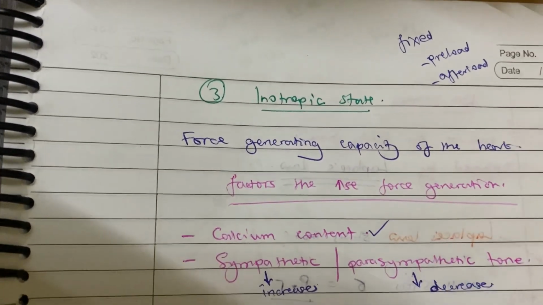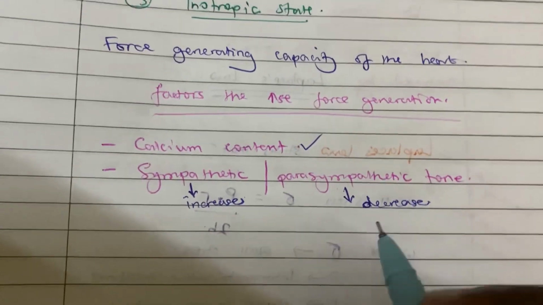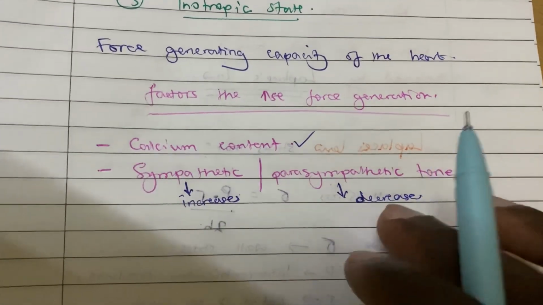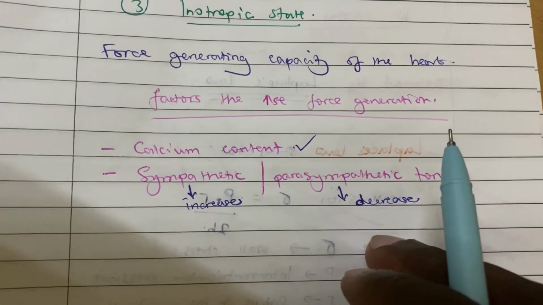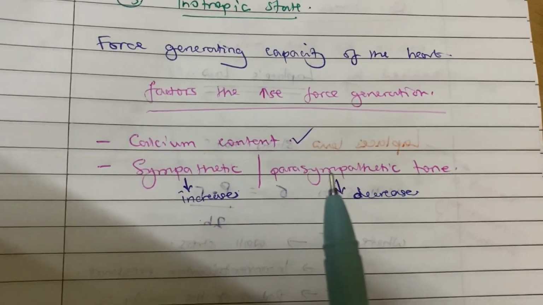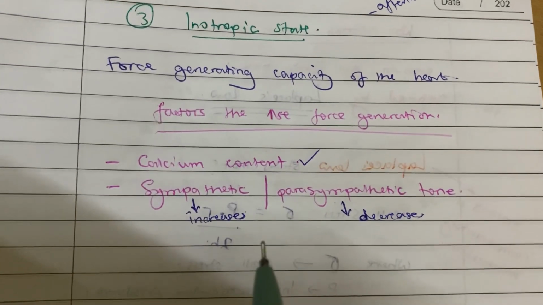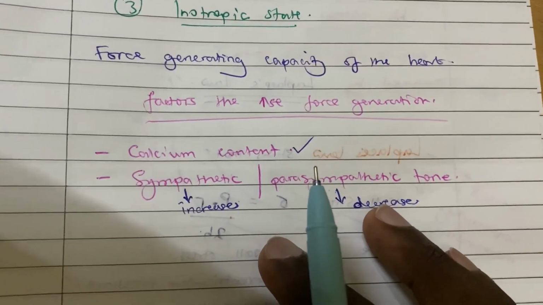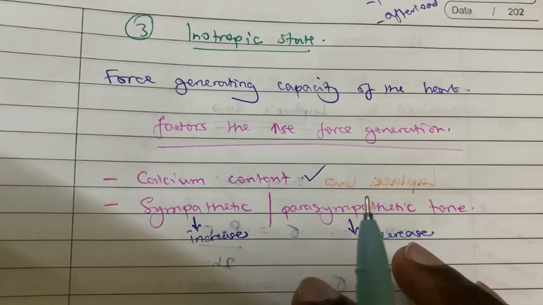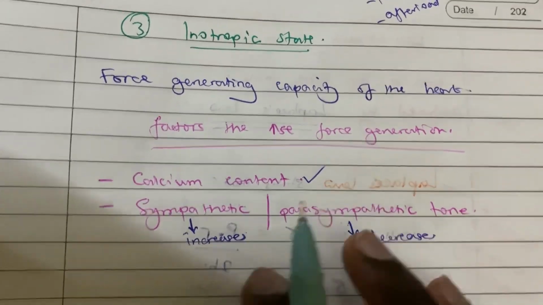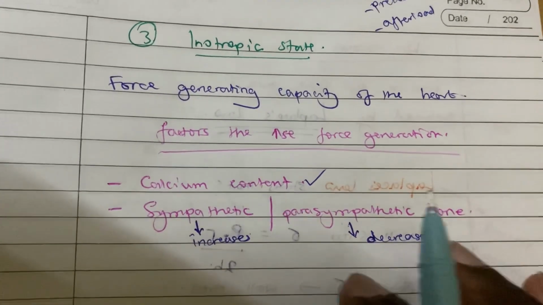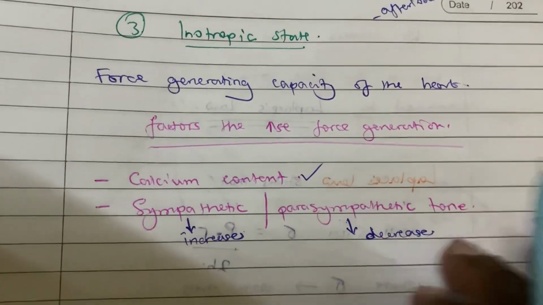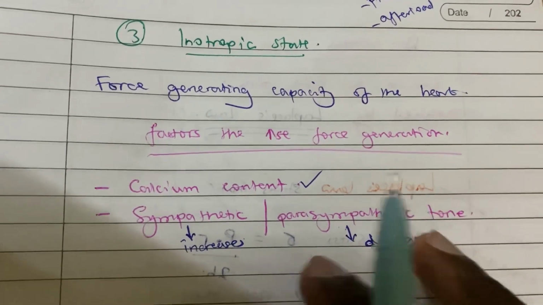If the parasympathetic system is activated, it has opposite effects. If the vagus nerve is activated, it will decrease heart rate and force of contraction. That is why in cardiogenic shock, when the mean arterial pressure is very low, we should work hard not to activate the vagus nerve.